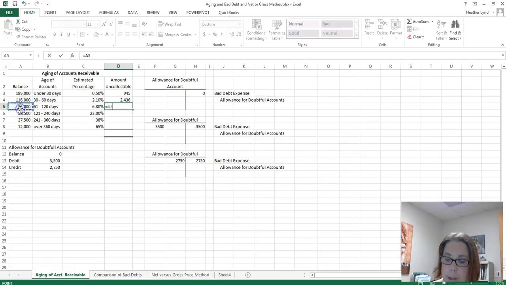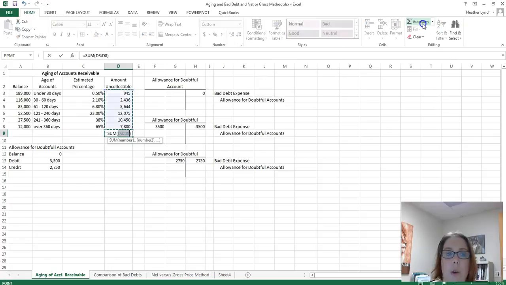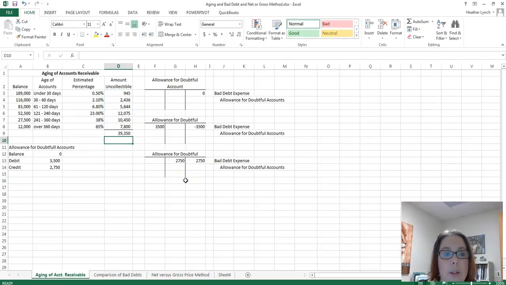And if you notice, they all seem to go up, especially when we're hitting the 121 to 240 days, the likelihood of collecting them is going to start getting slim to none. Okay, so let's go ahead and total that. The amount that's uncollectible so far is $39,350.